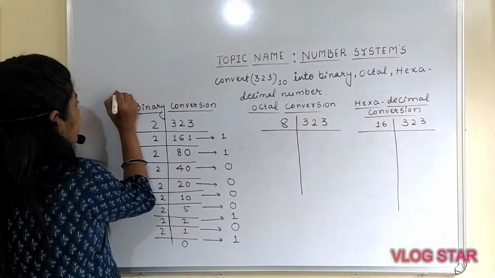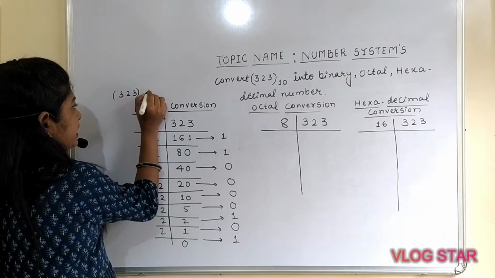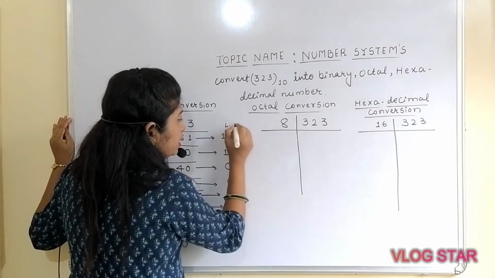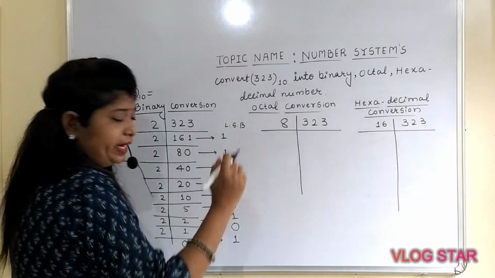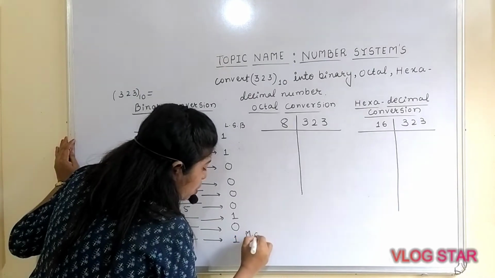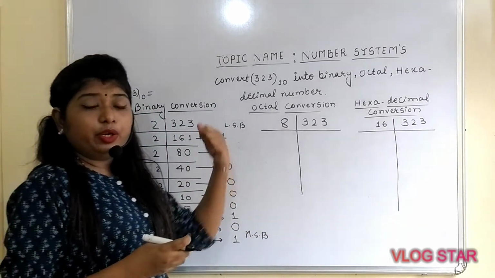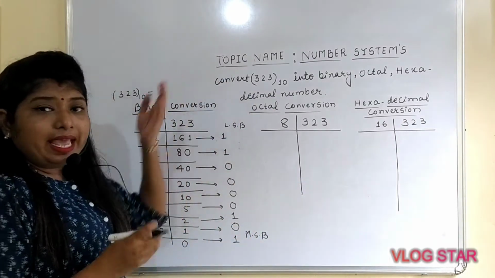So can you tell me how you are going to write down the binary conversion for 323? So come on, tell me. 323 base is 10, that is decimal. As I told you, the upper side is the least significant bit, and here the most significant bit. So while writing the answer into binary form, you need to write from MSB to LSB.